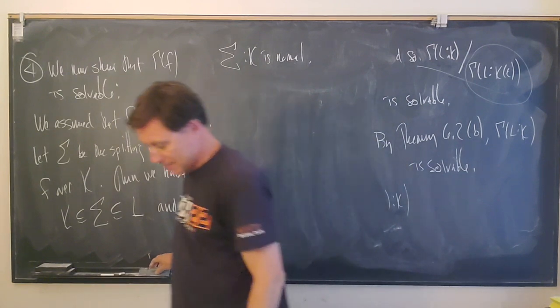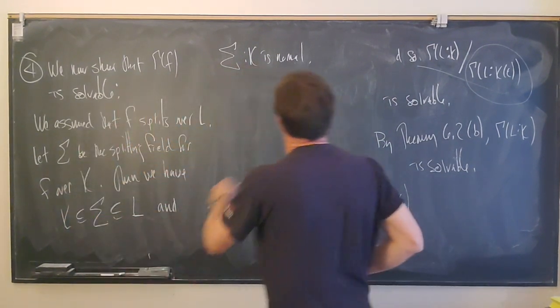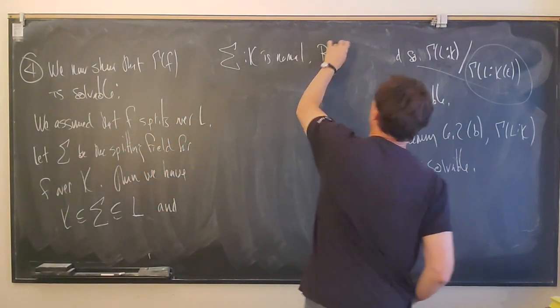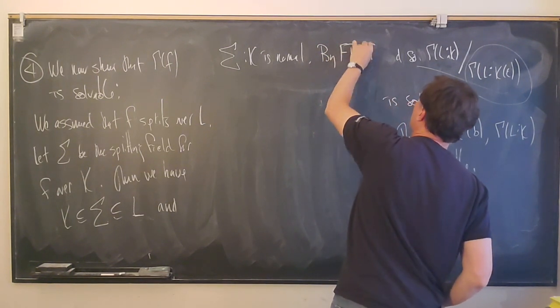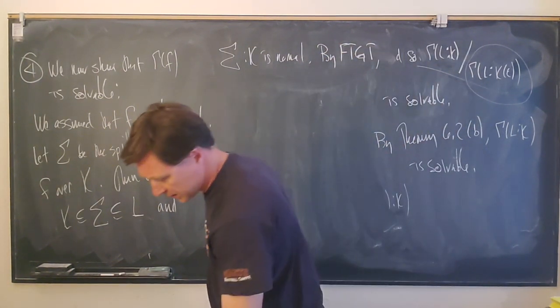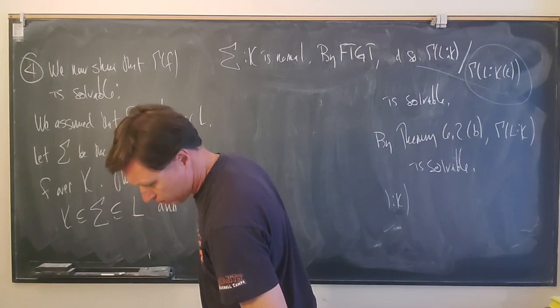All right, so what does that tell us then? By the fundamental theorem of Galois theory, we can take a quotient, right?